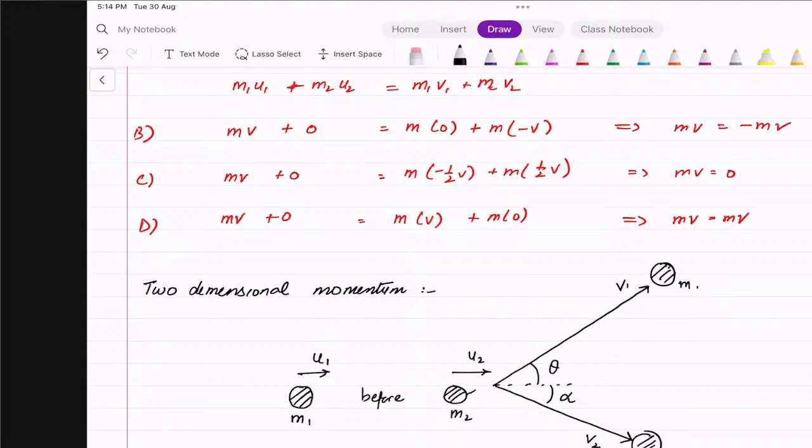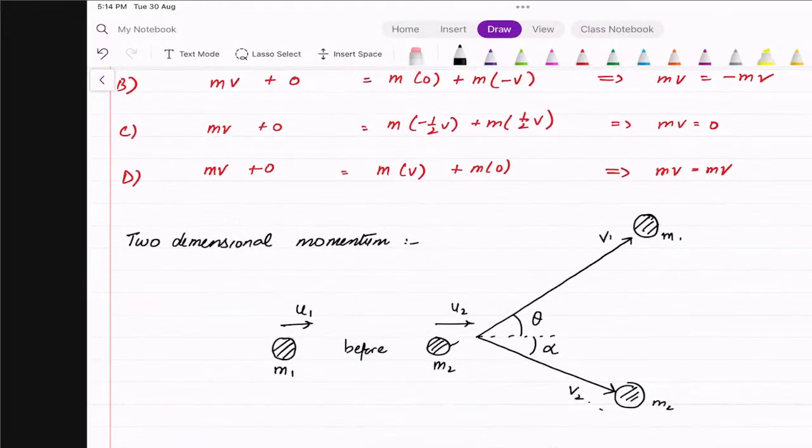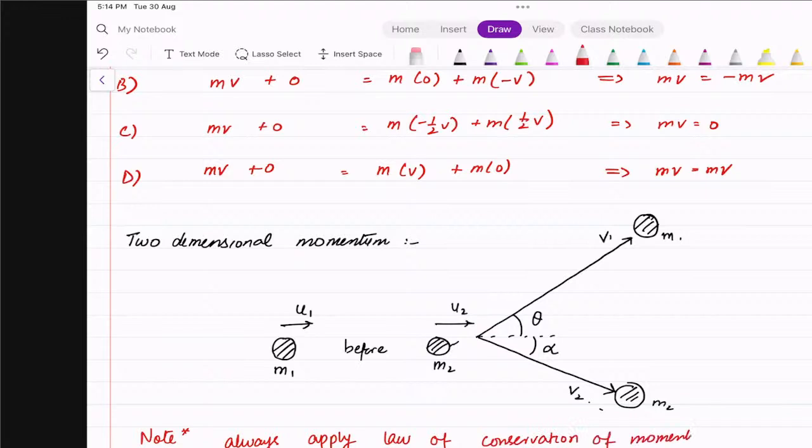It's going that way. So I just want to tell you something important, and the note to basically write here is that always apply the law of conservation of momentum in each dimension separately.